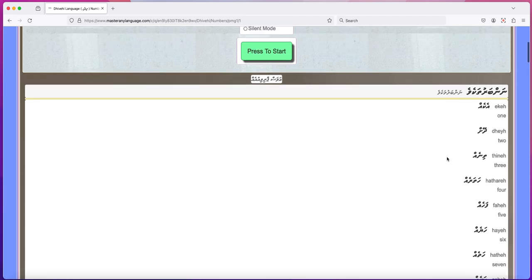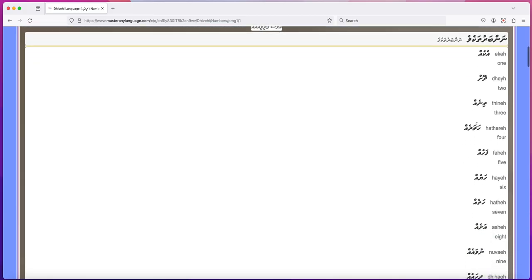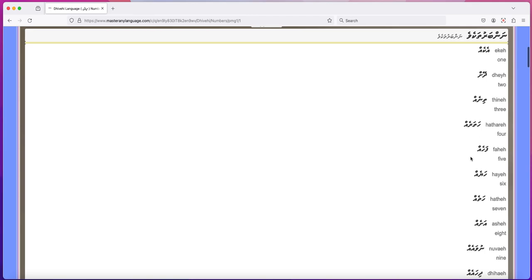All right, the second thing is you can see here Dhivehi is a scripting language written right to left. So it's not critical to know all of the letters or anything right now when we're practicing, but just to be comfortable with, okay, this word is written from right to left. You see next to each word here we have the sound of this, so this would be eka, right?